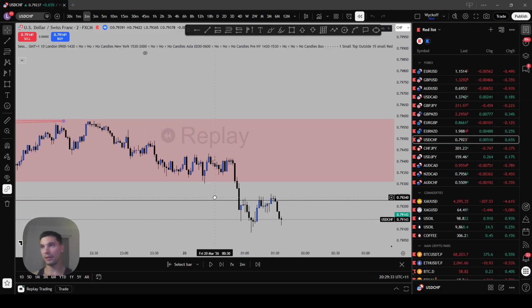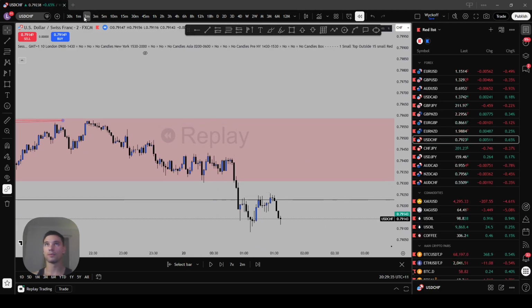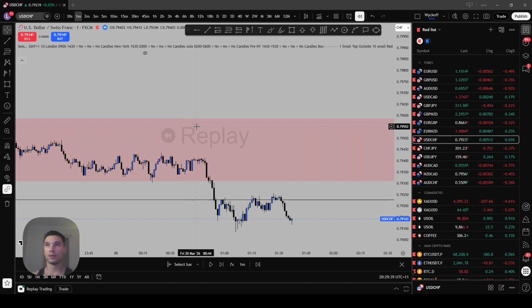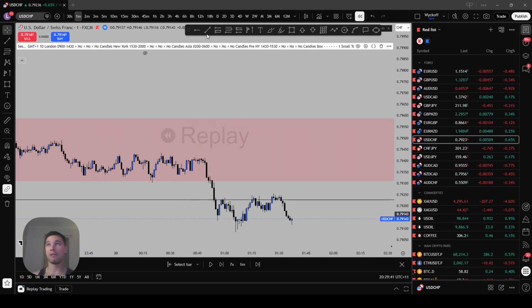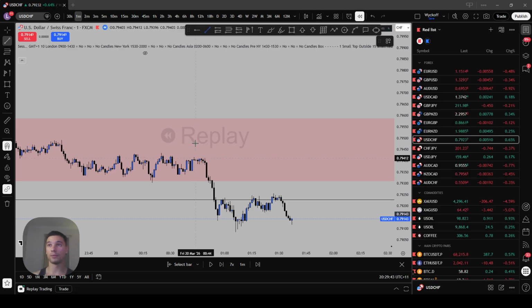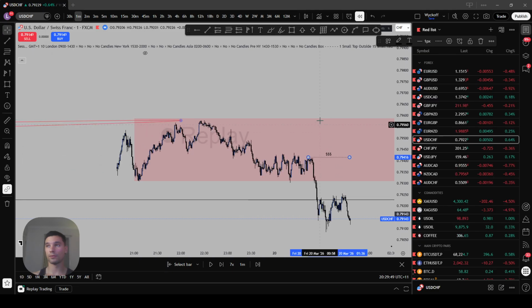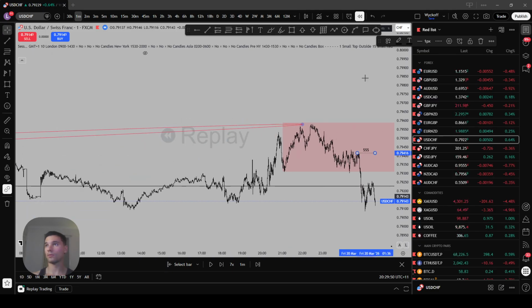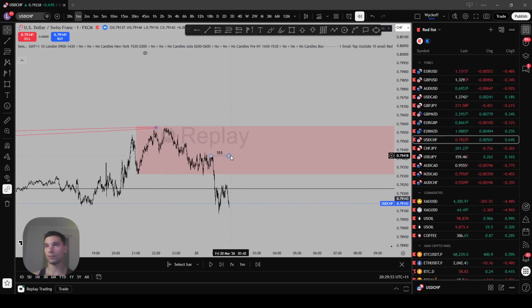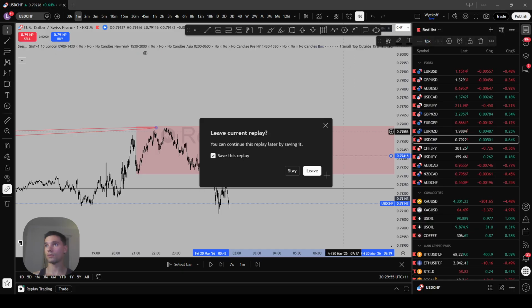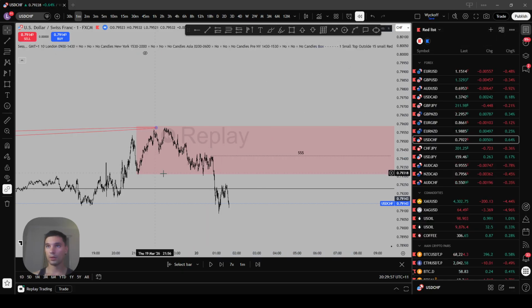That has been mitigated. Yeah, technically speaking, we have extreme liquidity here. I will allow this. In terms of extreme supply, this still stands.